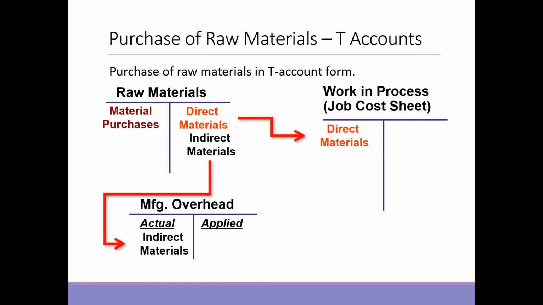Any indirect raw materials that really aren't assigned to specific jobs will go into manufacturing overhead. The bummer in manufacturing companies is there is such a huge account called manufacturing overhead, and we've got to find a way to allot it to specific jobs. So that's the goal, is to try to find the best way possible. Who's utilizing all these resources that go into manufacturing overhead? But no, most of those direct materials that are specifically applied to a job go right into work in process.